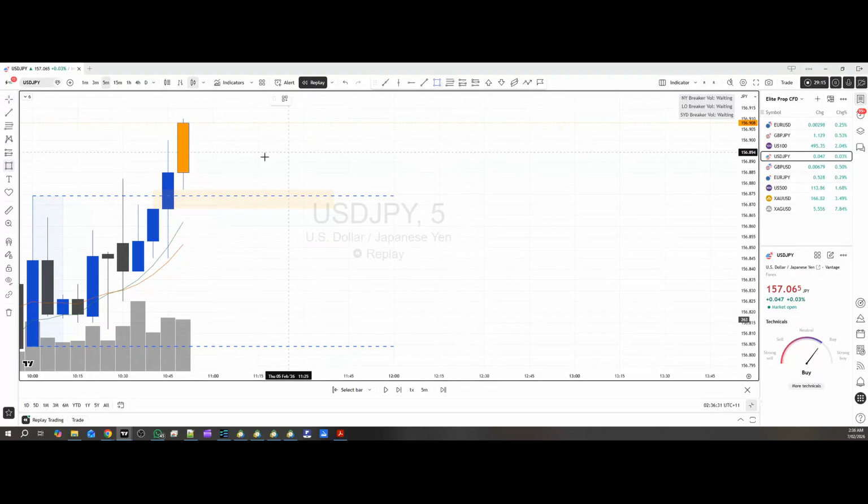If the next candle doesn't come in, next candle didn't come in, next candle started to come in, next candle inside, traded inside.